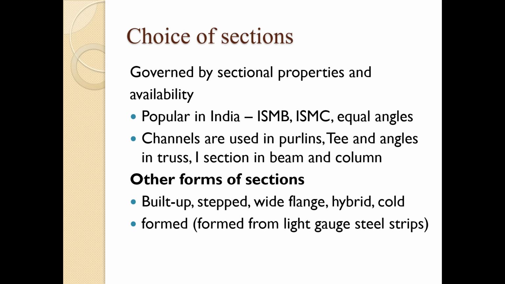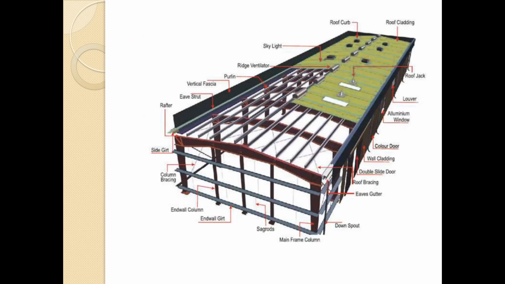The other forms of sections are built up, stepped, wide flange, hybrid, and cold formed, that is formed from light gauge steel strips. Here you can see the steel structure made up from all these steel structural sections.